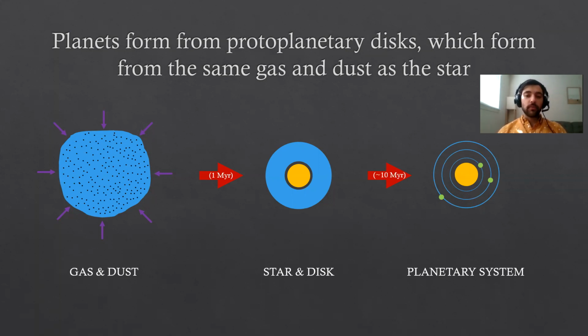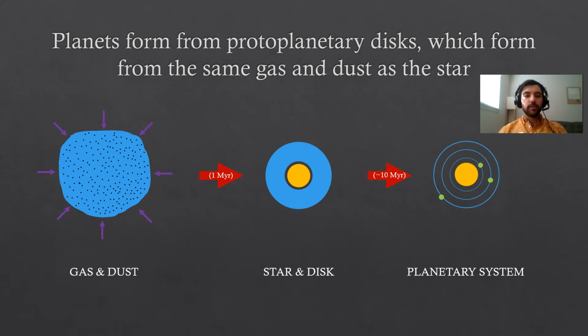And at the end, we're left with the star spinning at the center of this disk of gas and dust that's rotating around the spinning star. And the disk we call a protoplanetary disk. And that's because in another 10 million years or so, the first planets in this system form from the protoplanetary disk.